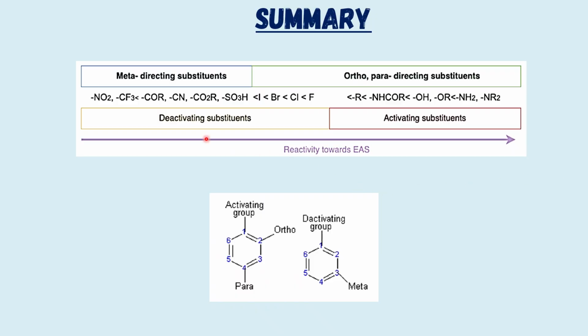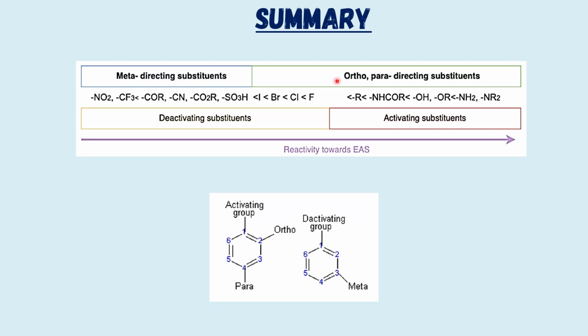So in summary, this is what I have made. So using this, you can easily make out which groups are meta-directing, which groups are ortho-para-directing. Just remember the concept that we have learned just now. That is, if we have electron donating groups, they will result in the activation of the benzene ring and form what? Ortho-para-directed products.